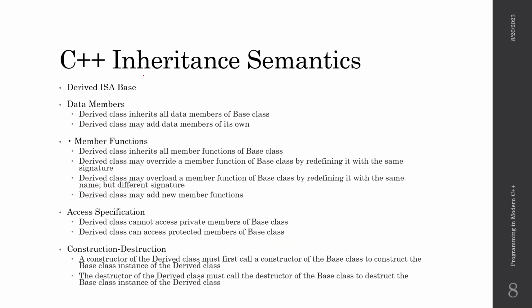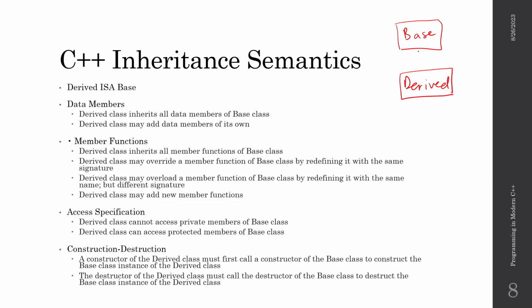So what is the semantics of inheritance? For the next few slides, I will assume this kind of relationship. So we have a base class, and we have a derived class.